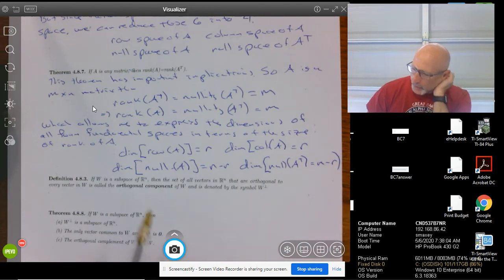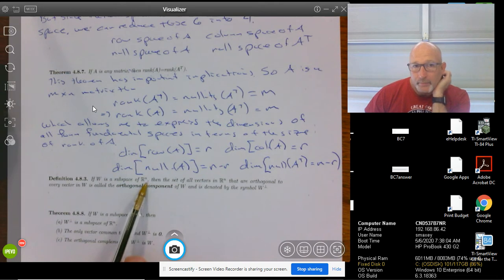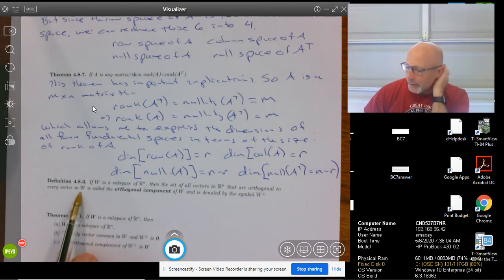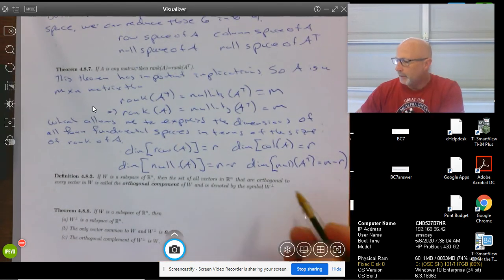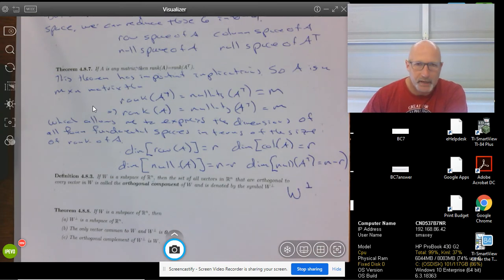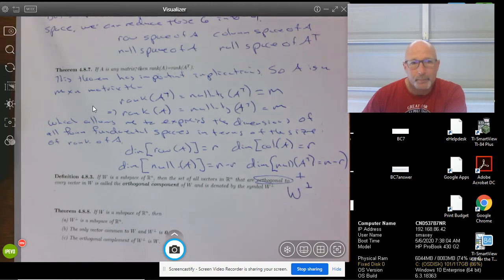Almost done here. Definition 4.8.3: if W is a subspace of Rn, then the set of all vectors in Rn that are orthogonal to every vector in W is called the orthogonal complement of W, denoted by W with that upside down T, which represents perpendicular or orthogonal. Orthogonal, remember, is perpendicular.